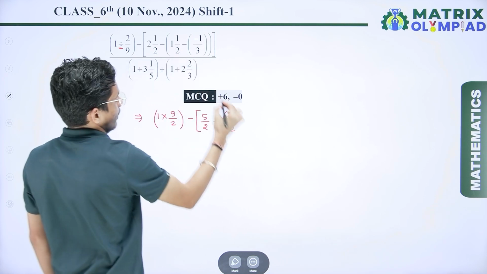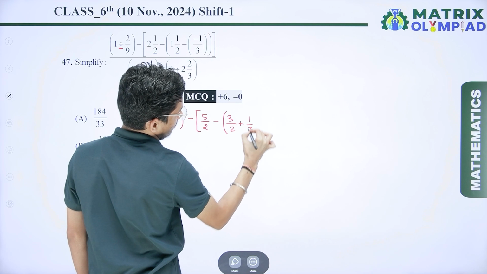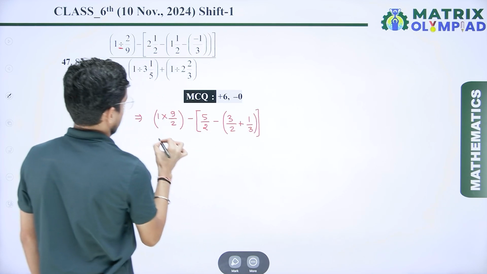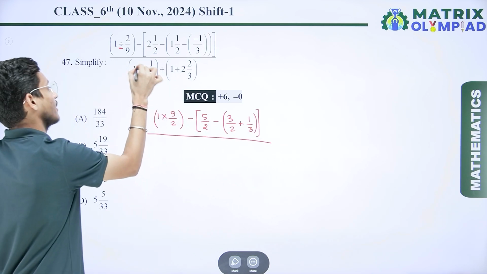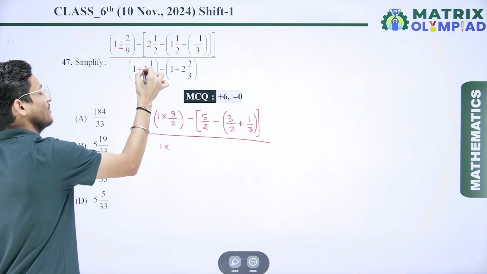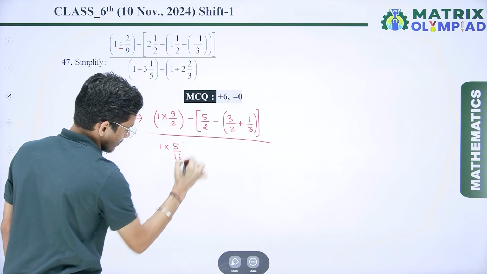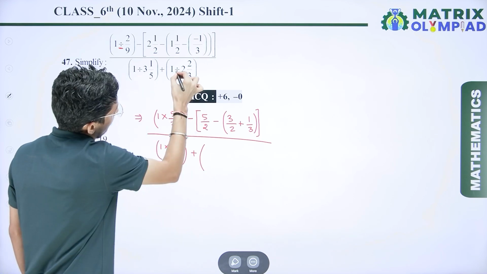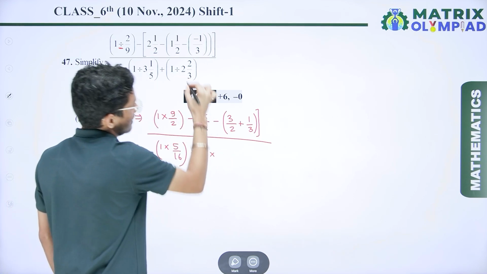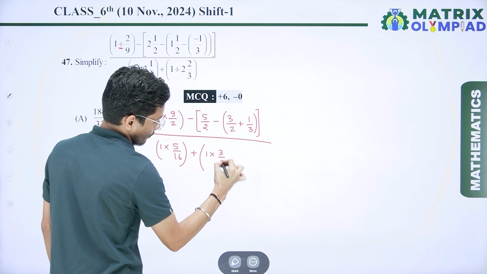Minus minus is plus. Again here 1 by 3 divided by, first I convert the divide sign into multiplication, so I can write 1 multiplied by 5: 5 threes are 15, 15 plus 1 is 16, so I can write it as 5 upon 16. Plus, again converting this to a multiply sign, 3 twos are 6, 6 plus 2 is 8, so it means 3 upon 8.